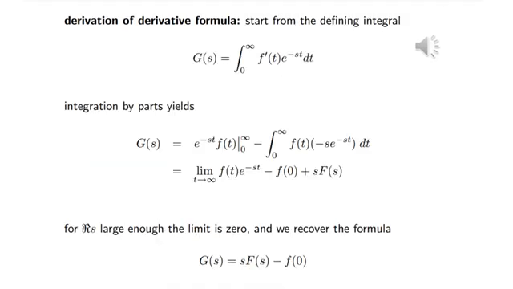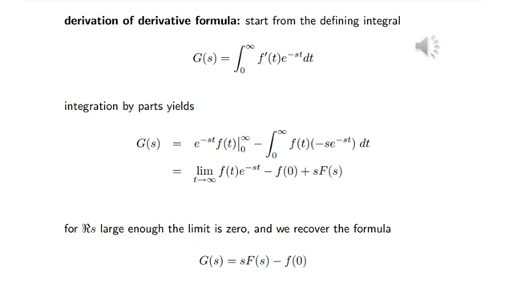In this slide, we can find the derivation of the derivative formula starting from the definition of the integral. So if it is f'(t), it gets multiplied by e raised to power minus st, and the limit starts from 0 to infinity.